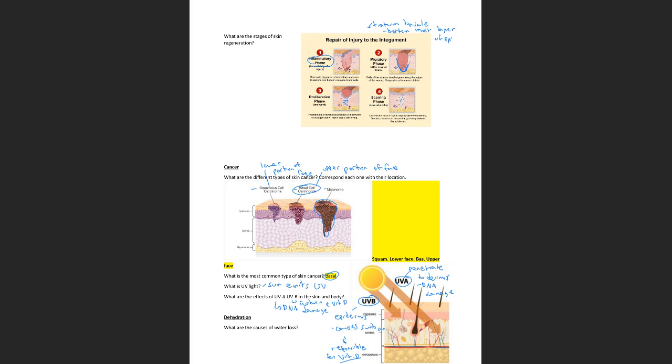Vitamin D. Now, dehydration, what are the causes of, actually before we move on, do you guys have any questions so far? Okay, awesome.